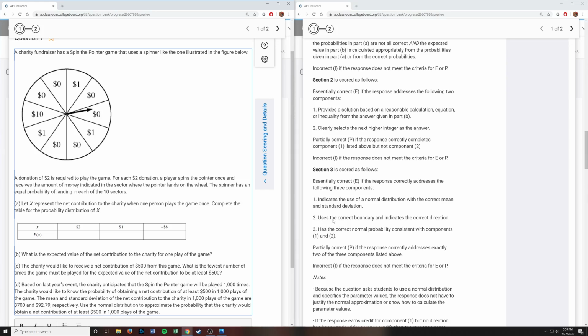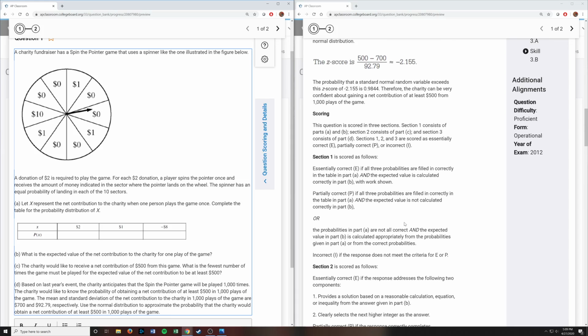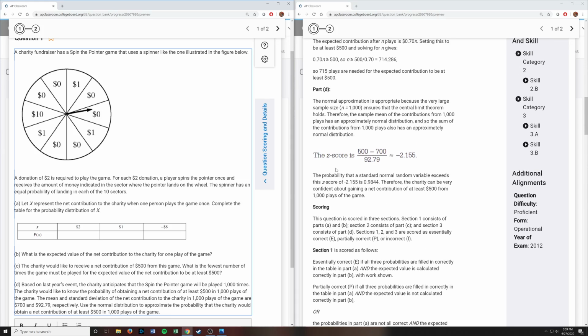Okay. You need to use the correct boundary and indicate the correct direction. So the way they do that here, they use this sentence. What you might do instead is put P and then in parentheses Z greater than negative 2.155 equals 0.9844.